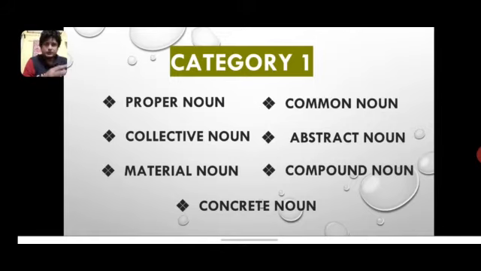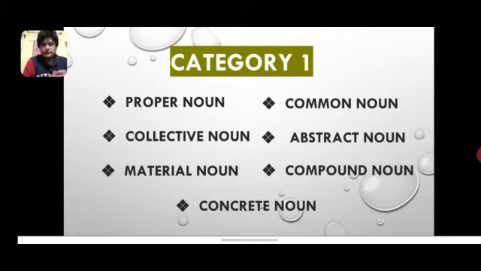Abstract noun: abstract simply means something that is intangible, untouchable, something that is virtual but is there, right? Material nouns: anything that other things are made up of. Compound nouns: when two or more nouns combine to form compound nouns.